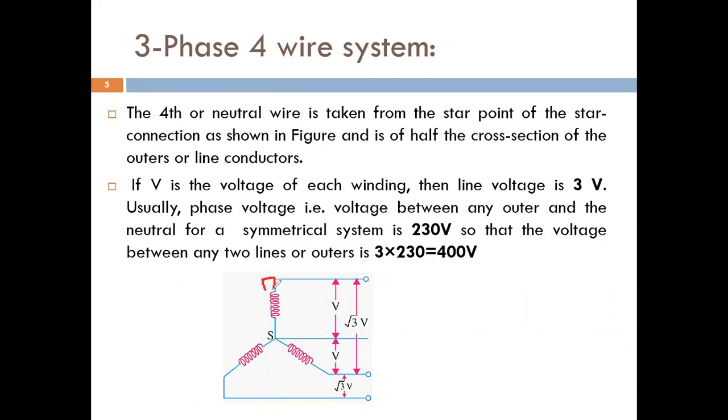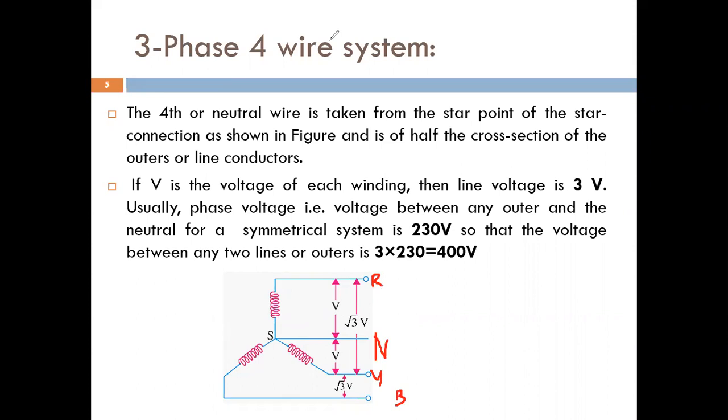This is the R terminal, this is the Y terminal, this is the B terminal, and all three coils are connected at the star point, and one line comes outside. It is called the neutral line or neutral point. This is the fourth point. R is the first point, Y is the second point, B is the third point, and neutral is the fourth point.